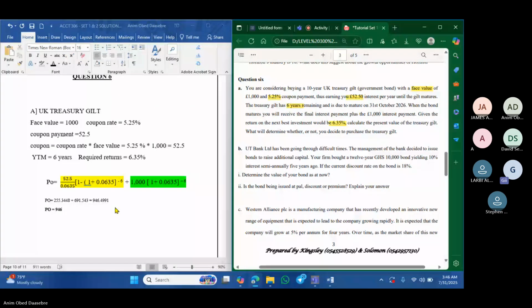If it were equity, we would have used D, which is the dividend. But in this case, because it is coupon, we are using the cash flow the holder is going to receive at the end of the month. I don't know if this will make him understand. I think I'm okay. Thank you so much.